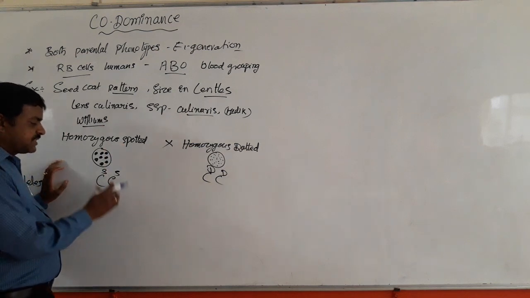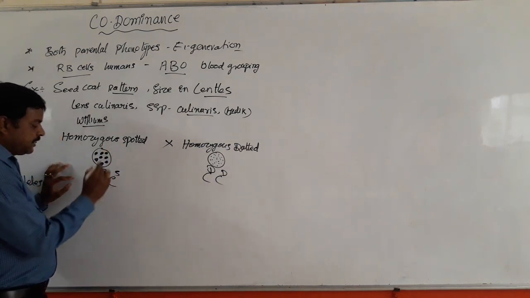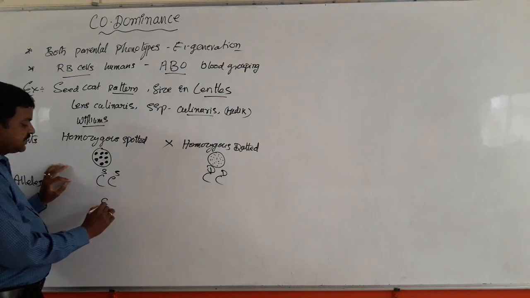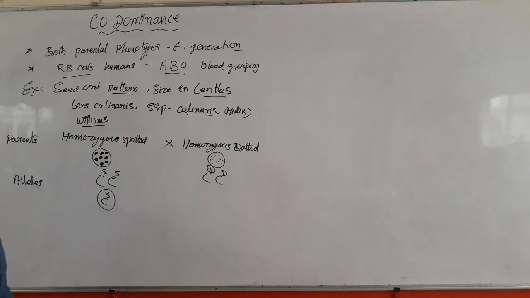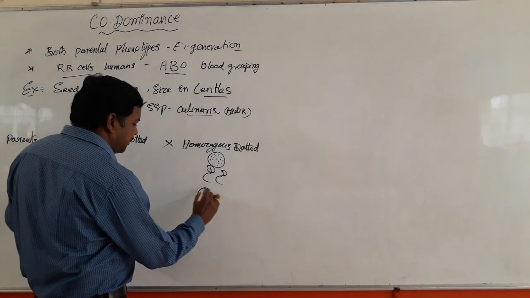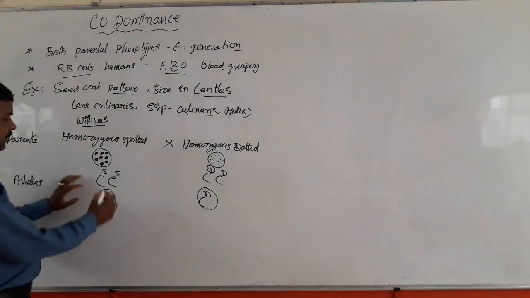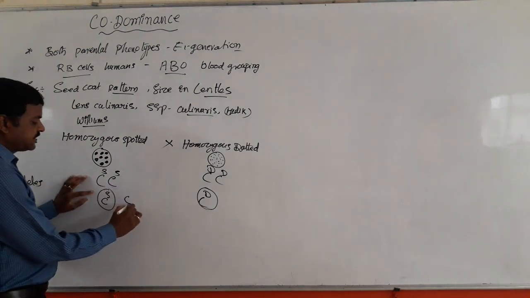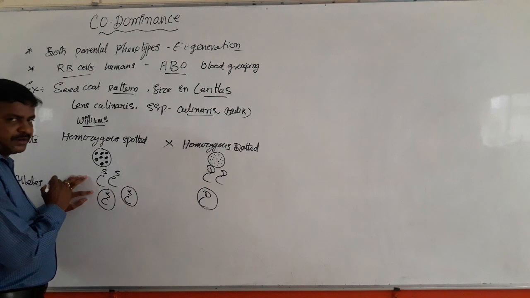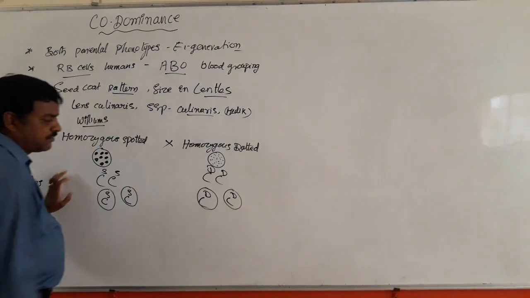What type of gametes are formed from these two parental plants? Here CS gametes are formed, and from the second parent plant CD gametes are formed.